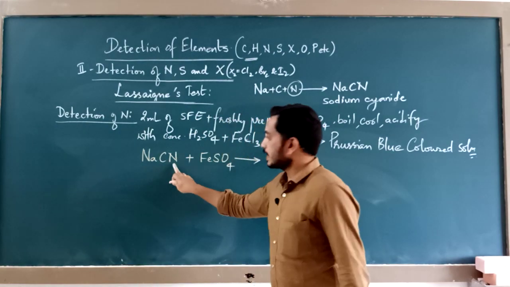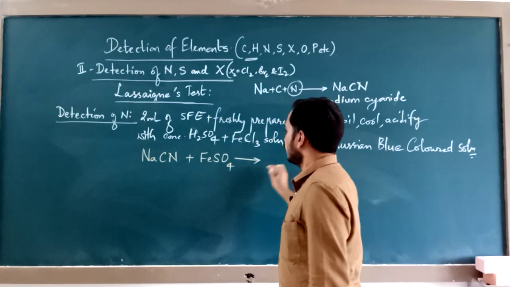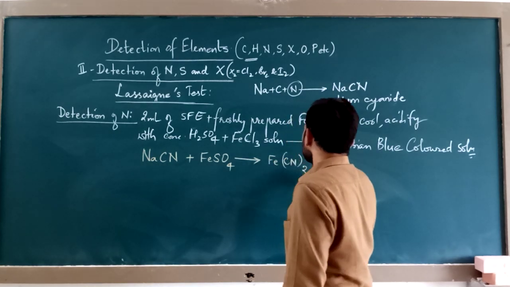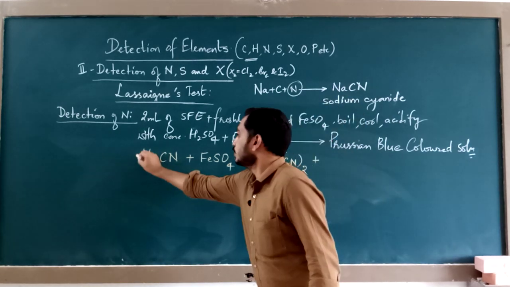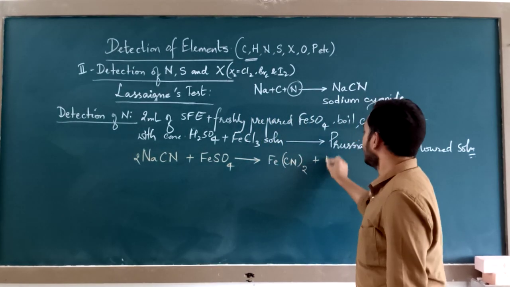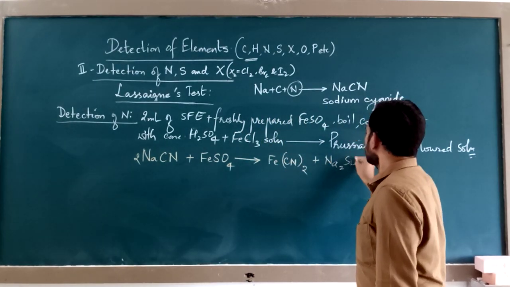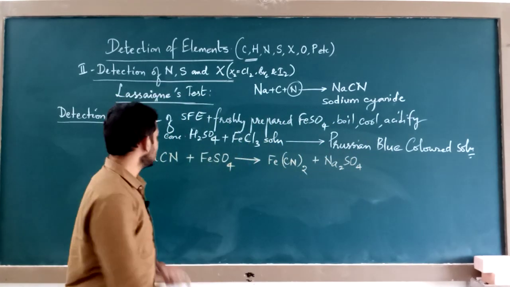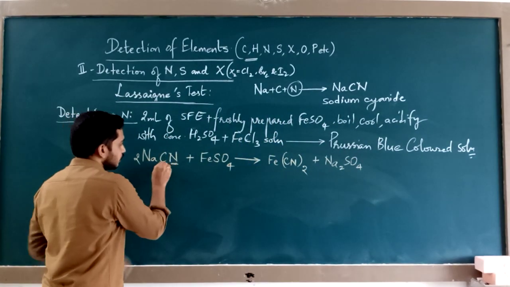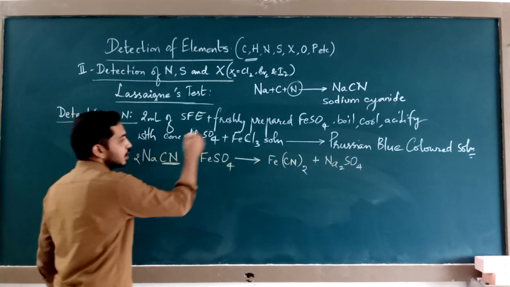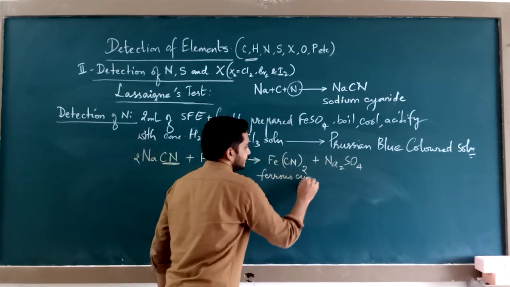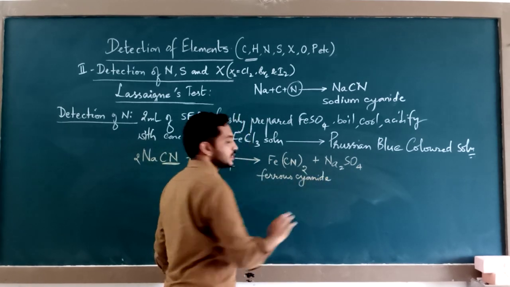The nitrogen present in your organic compound gets converted into ferrous cyanide, and sodium sulfate is formed. What happened in the first reaction? Nitrogen, which was in the form of cyanide, now got converted into ferrous cyanide. This happens in the first step.